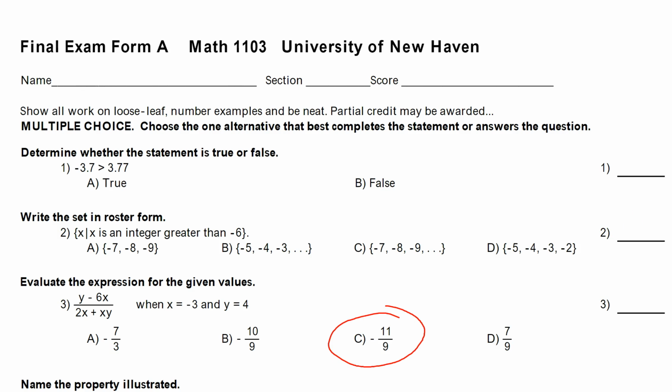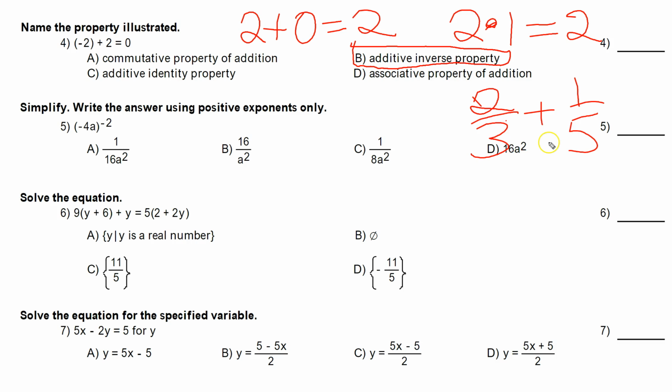And we use that a lot when we're changing fractions to common denominators, where if we have something like 2/3 plus 1/5, and we want to add those, in order to add them, we must have a common denominator, which would be, in this case, a 15.